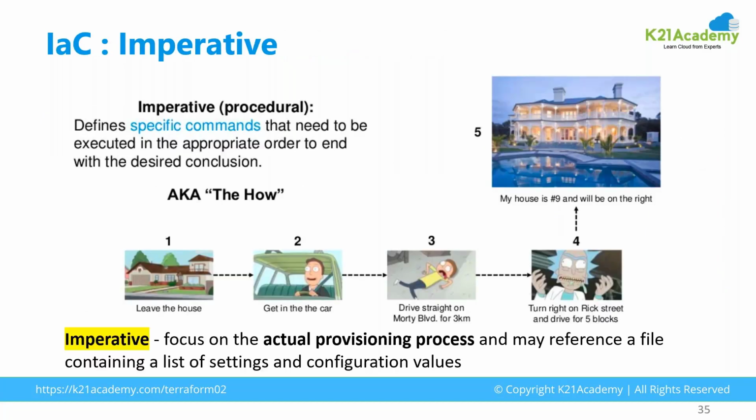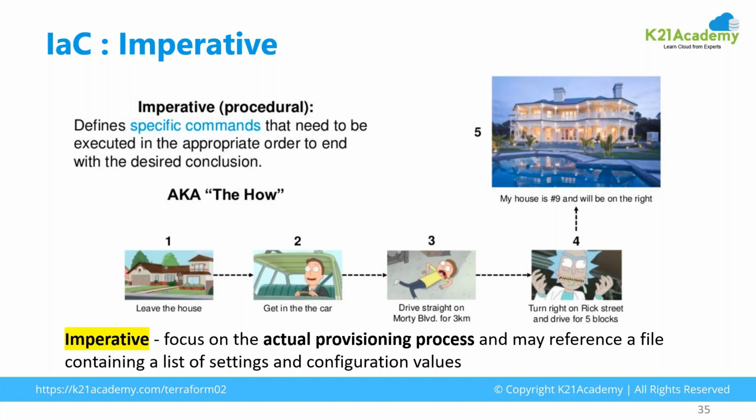Now let's first understand what imperative and declarative mean for infrastructure as code. A simple example: if I want to give you the navigation to my house, I say you come to my house, I am going to leave my house, get into the car, go straight, then turn right or left or whatever it is, and then I will reach my house.